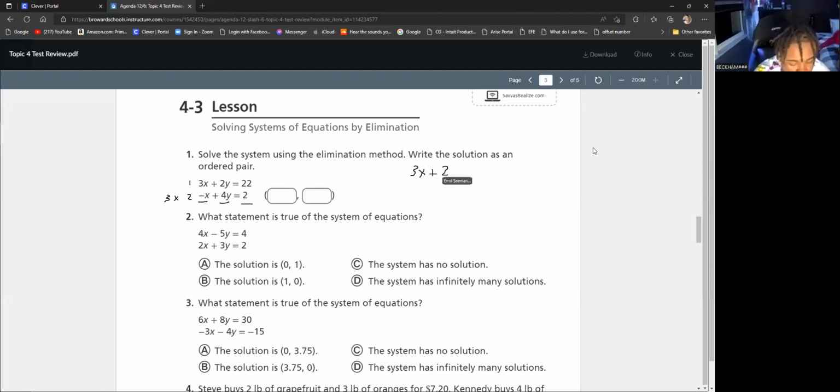Oh, I have to multiply all of them by 3. Yeah, exactly. Every term by 3. So it's going to be -3x, plus 12y, equals 6. There you go. Don't forget to multiply every term by that number.